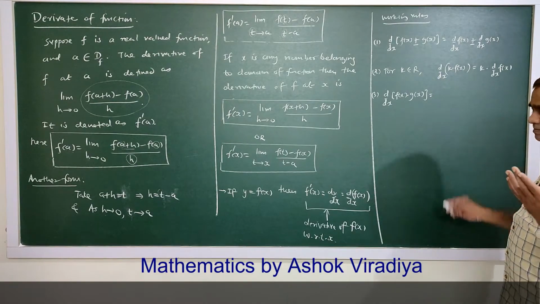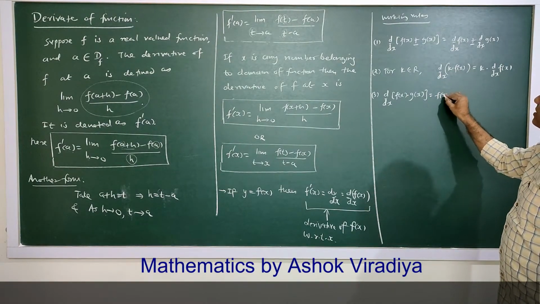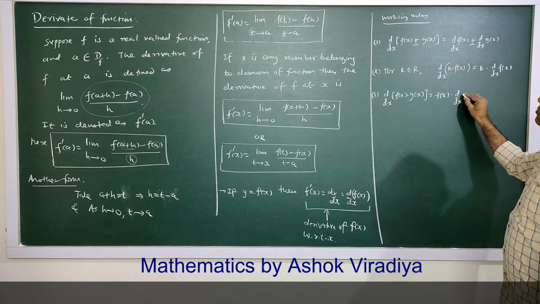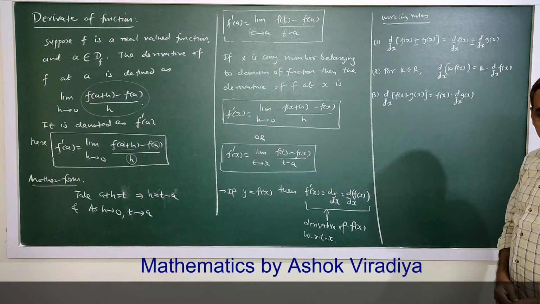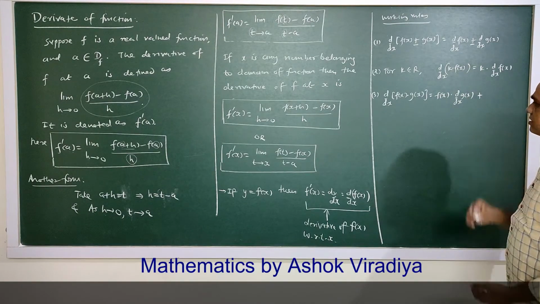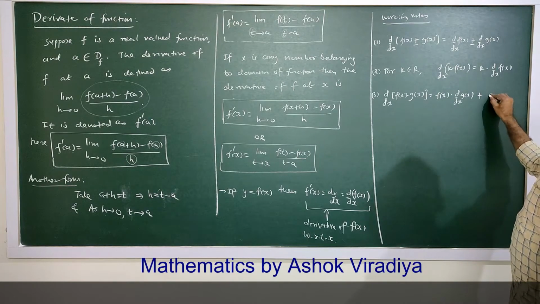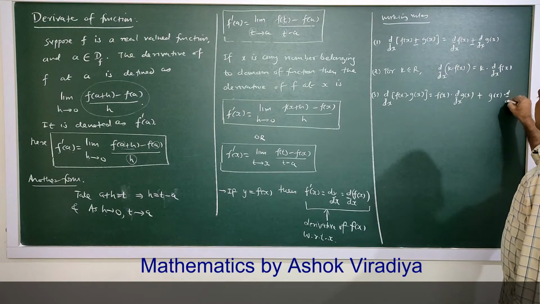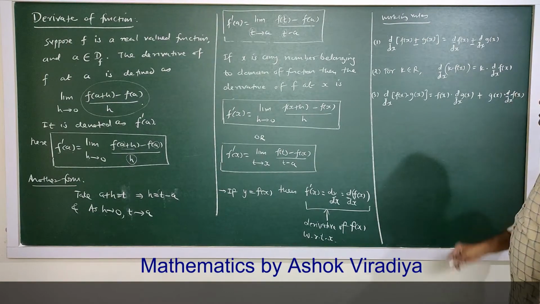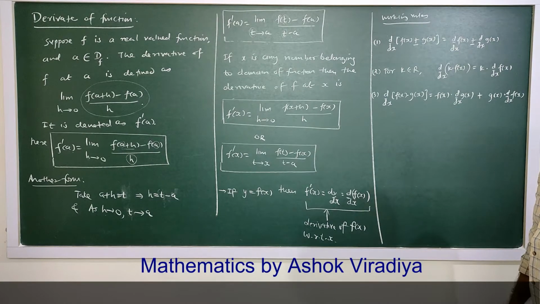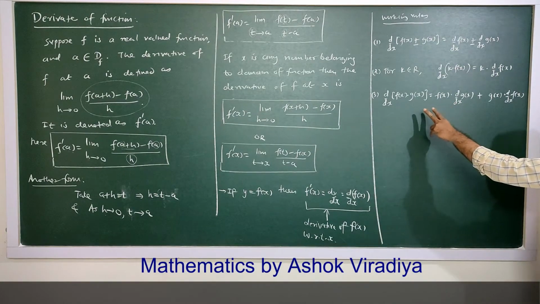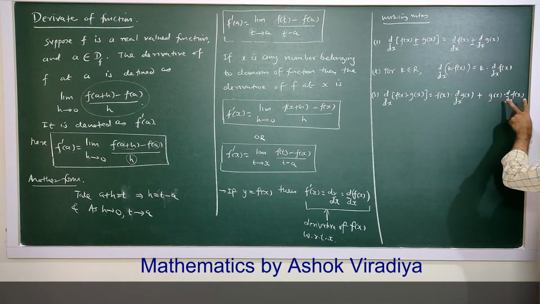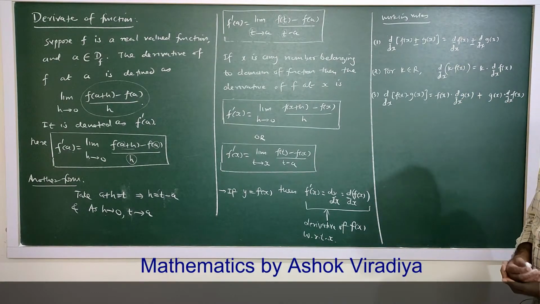The rule is keep f(x) as it is, multiply derivative of g(x), then plus, second time put g(x) as it is, multiply derivative of f(x). D by dx of f(x) into g(x) is f(x) into d by dx of g(x) plus g(x) into d by dx of f(x).